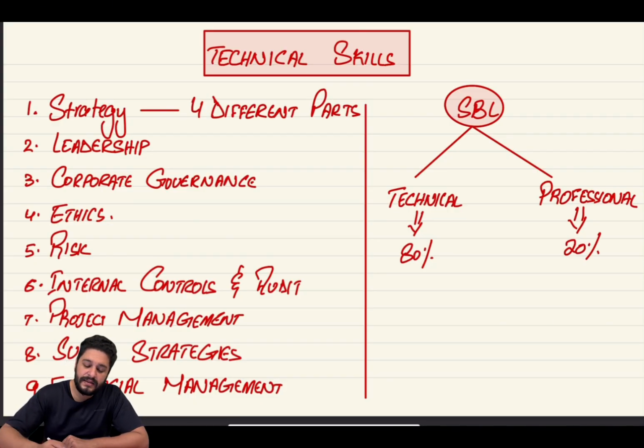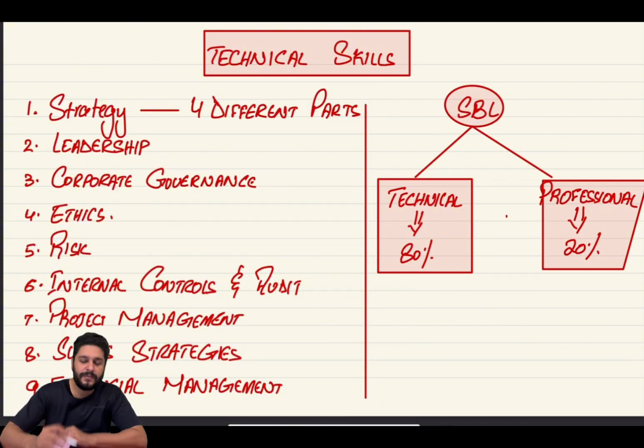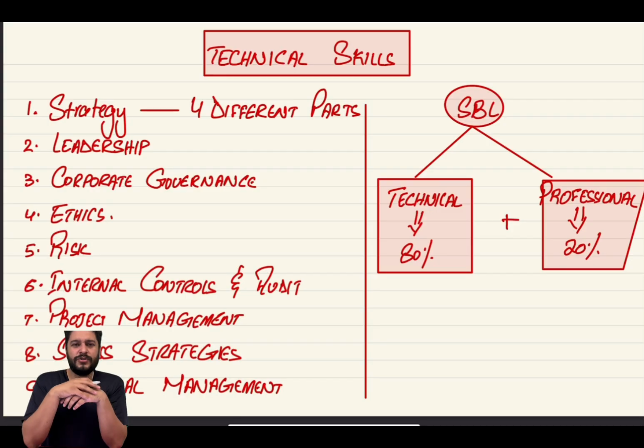Make sure that the technical and professional skills are dealt with together. You can't say that if I'm good on the technical side, I will get the marks there, and if I'm not good on the professional side, will I still be able to pass the examination? The answer is no.